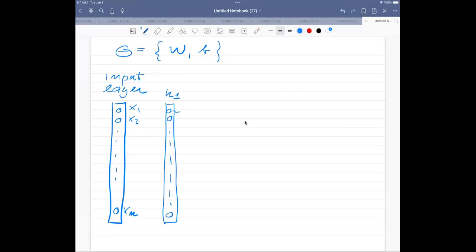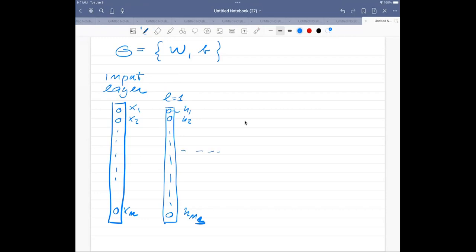So this is layer 1, and that has a node H1, H2, down to some H, which we're now just going to call NL. And this has a 1 here, because this is layer 1. So the number of nodes in the hidden layer doesn't need to equal the number of nodes in the input layer.